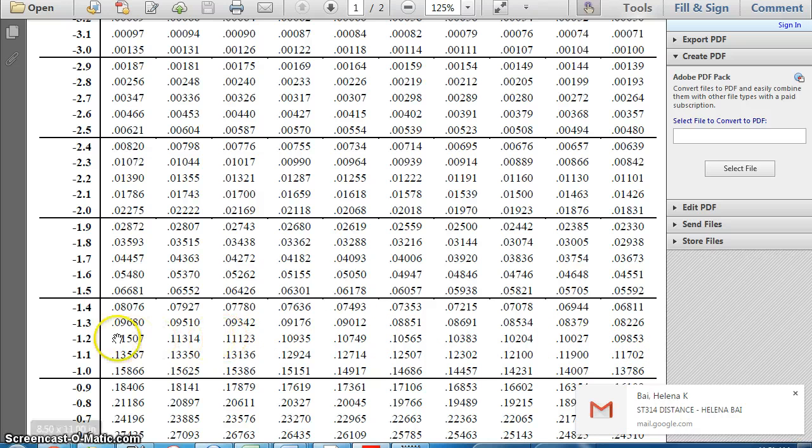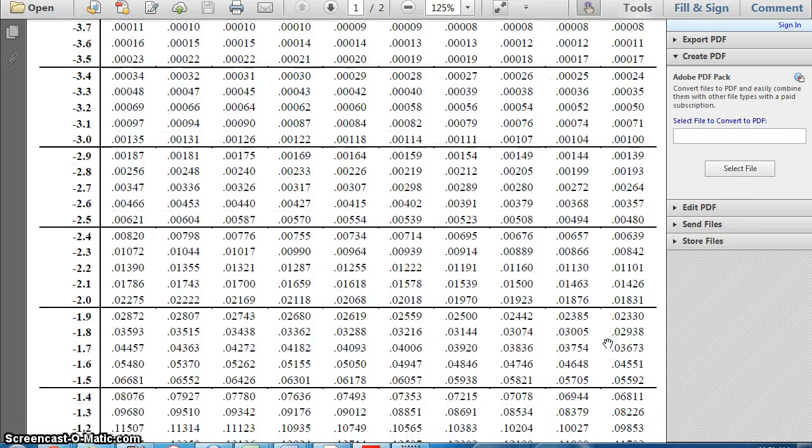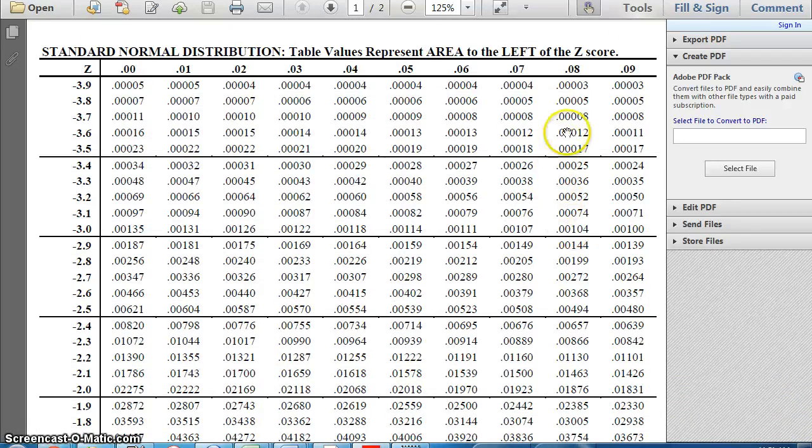This starts with the z-score of negative 1.2 and then goes up to 0.08 and 0.09. So I'm going to go right in between there and say that this z-score is negative 1.285.